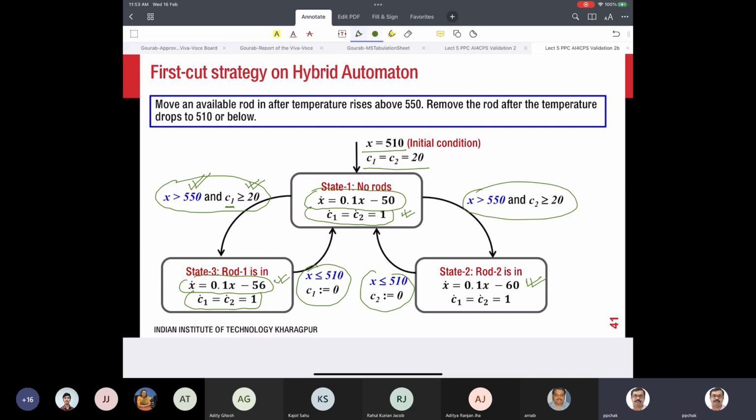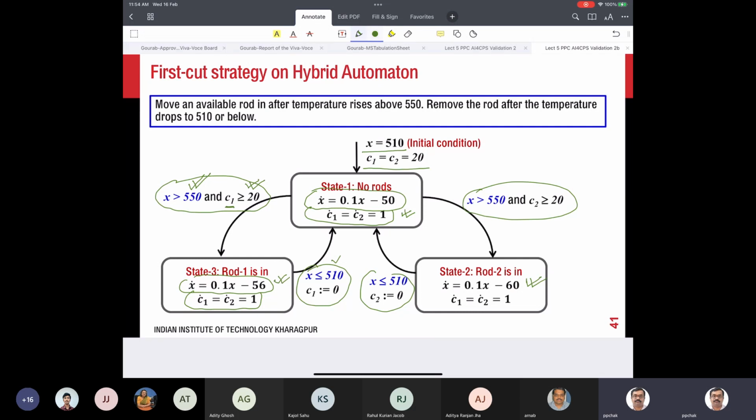As rod 1 is put in, the temperature starts going down. Once the temperature goes below 510, rod 1 is moved out, and the time for rod 1 is set to 0.